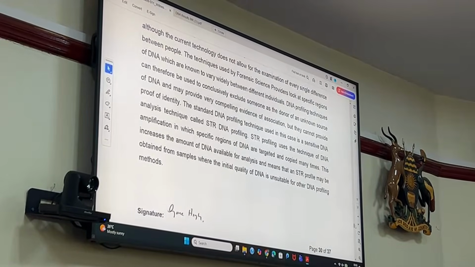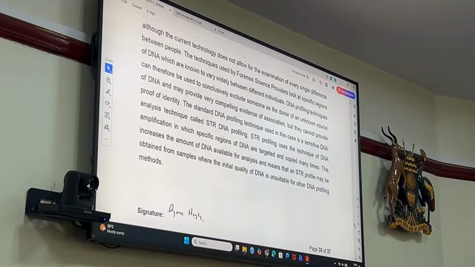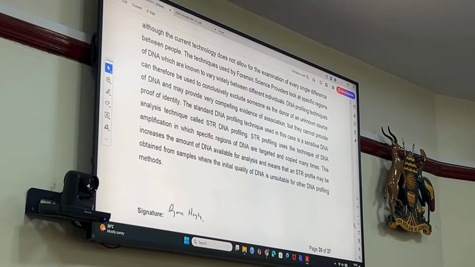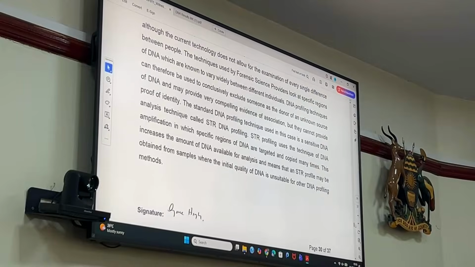The standard DNA profiling technique used in this case is a sensitive DNA analysis technique called STR DNA profiling, or short tandem repeats. Yes, STR.